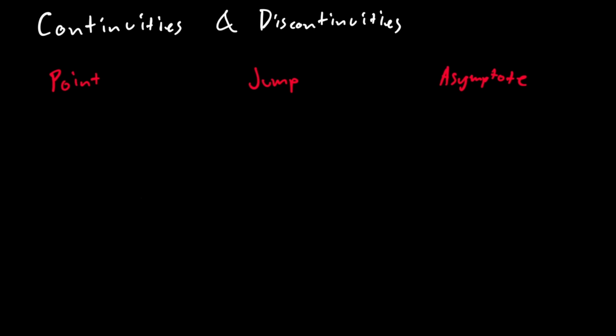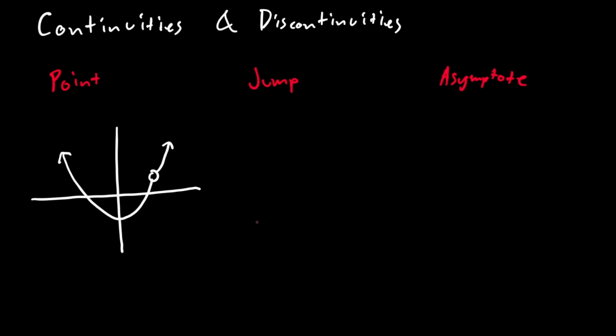A point discontinuity is where only a single part of the line of the function is broken. So let's say we have a function like this, but there's this point here missing, and then it continues. That would be a point discontinuity.